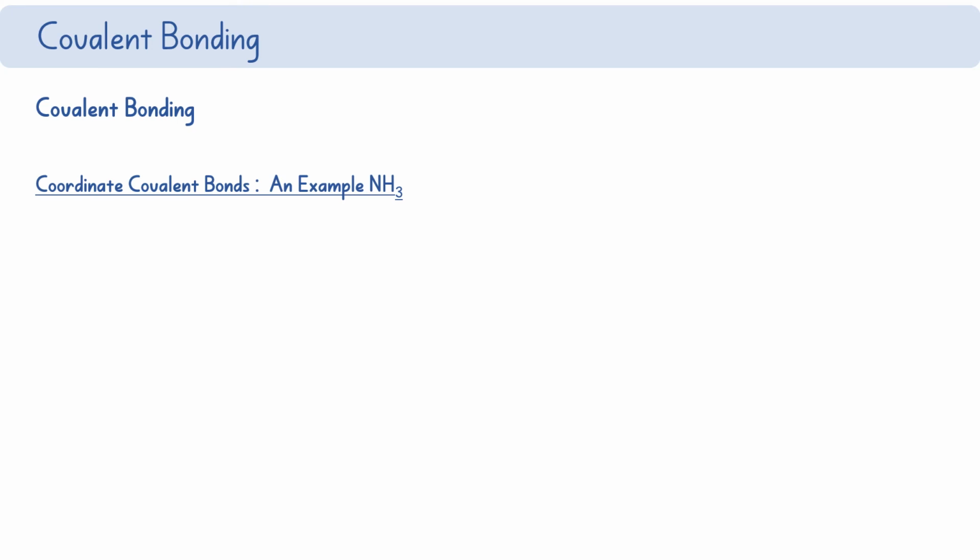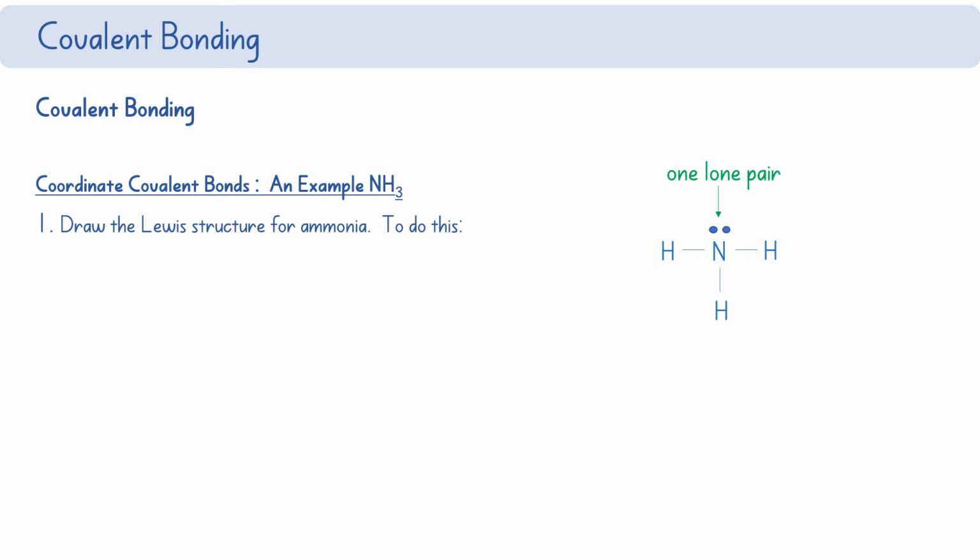Now, using an example of NH3, let's take a closer look at coordinate covalent bonds. First, we're going to draw the Lewis structure for ammonia. To do this, you're going to have 1 lone pair at the top of nitrogen.